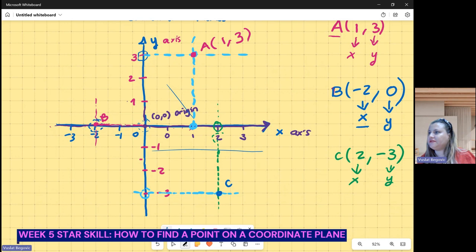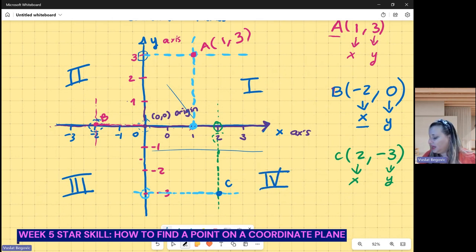Quadrants are how they divided the coordinate plane into 4 convenient pieces. So this one is the first piece, this one is the second piece, this one is the third piece, and this one is the fourth piece. And they are calling these quadrants, okay?